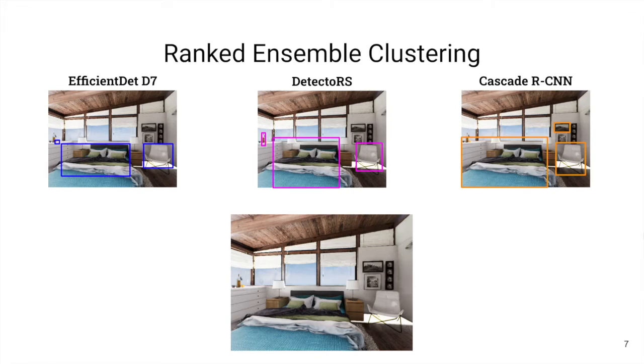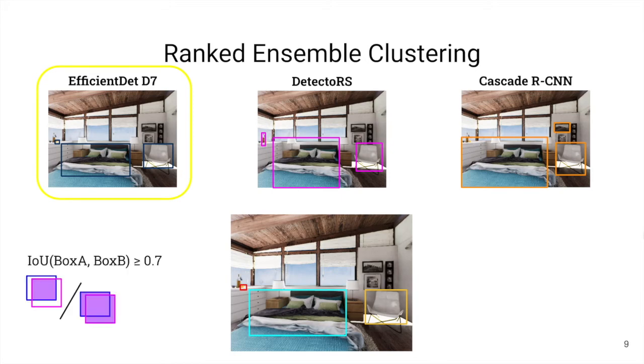We first started with the best performing detector and took all of its detections onto our final image. We then attempted to see if any of the detections remaining in Detector RS and Cascade RCNN could be clustered with these detections. To determine if detections could be clustered, we examined the intersection over union between their bounding boxes, where they needed to have an IOU of greater than 0.7 to join the cluster.